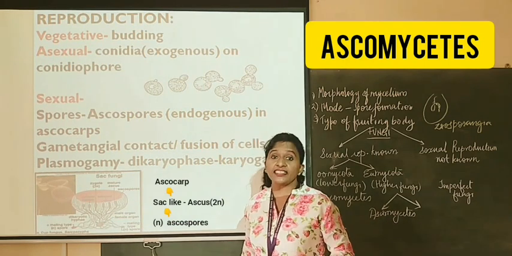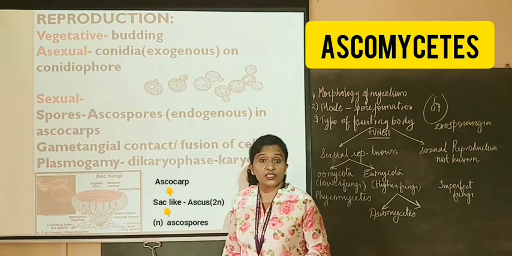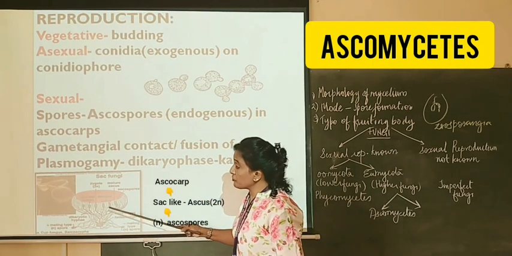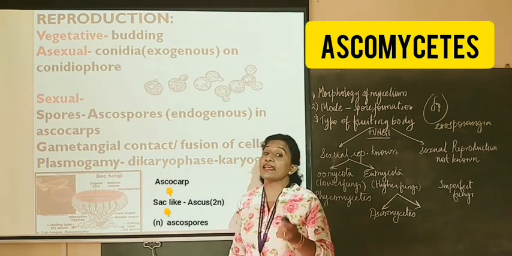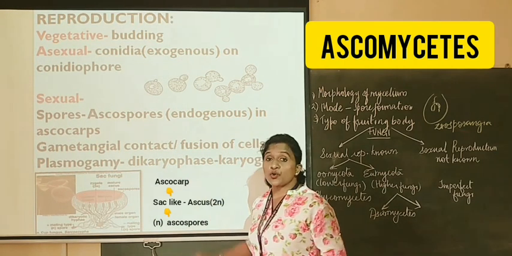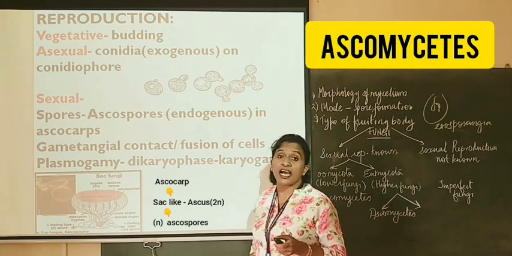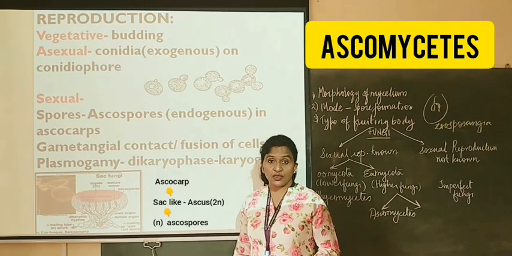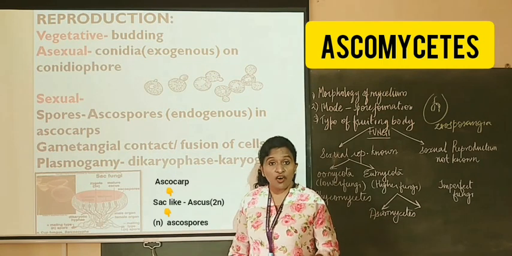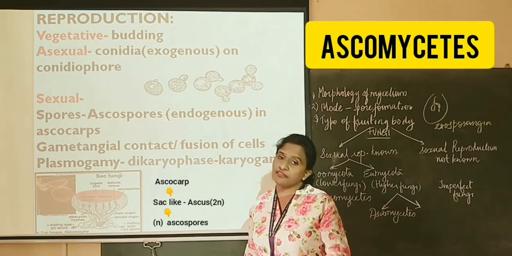Many asci are formed in the fruiting body called the ascocarp. Each fruiting body will have many asci, and each ascus will have ascospores inside it. Therefore these spores are endogenous. We should also recall that these spores are formed after meiotic division.